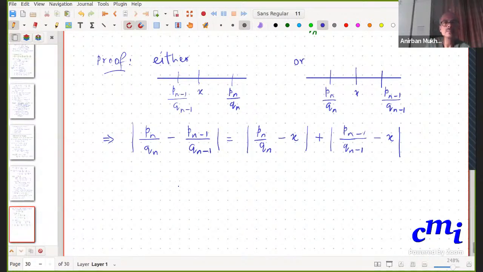So suppose what we wanted does not hold for either of these convergents.